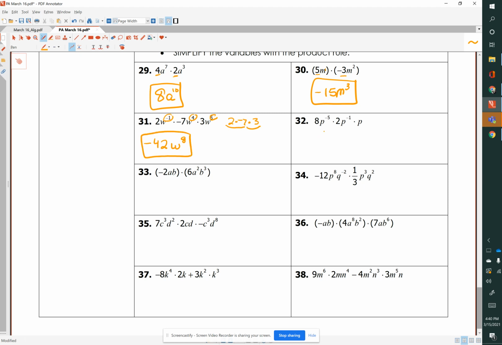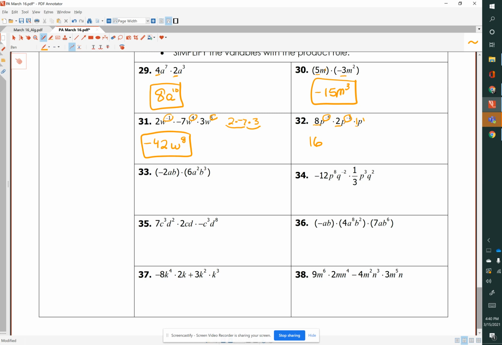Number 32, we have a visible 1 in front of the p. So 8 times 2 is 16 times 1 is still 16. So our number is 16, our coefficient. P to the negative 5 times p to the negative 1 times p to the first power, another invisible 1.